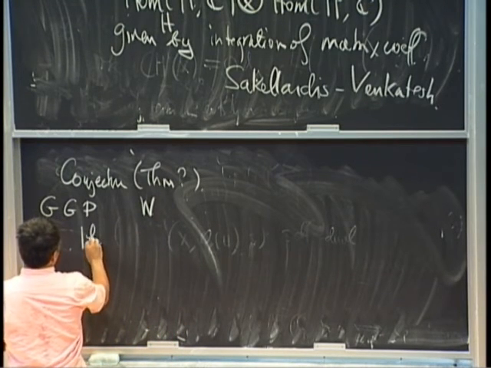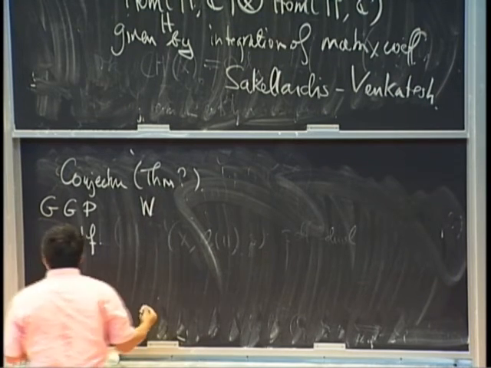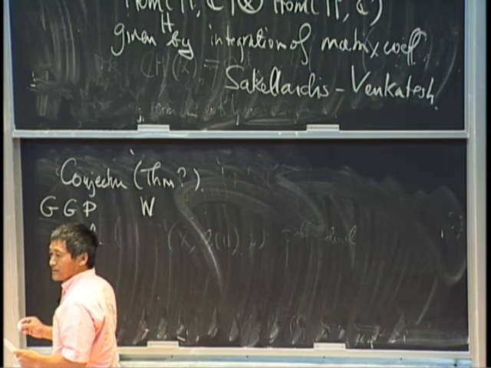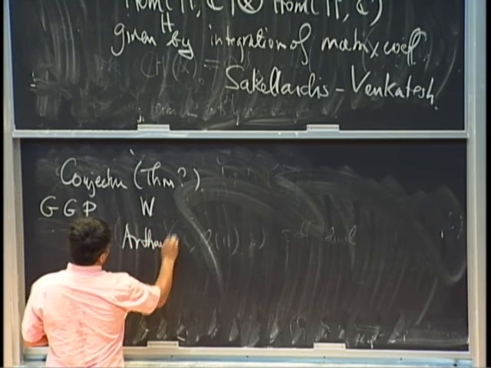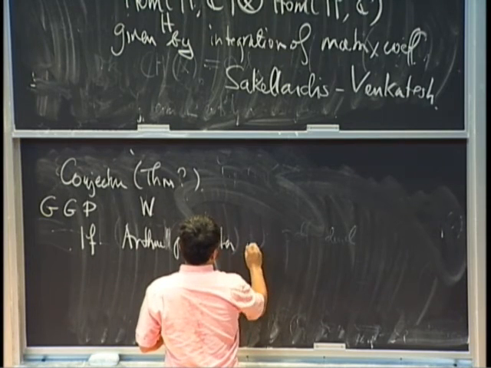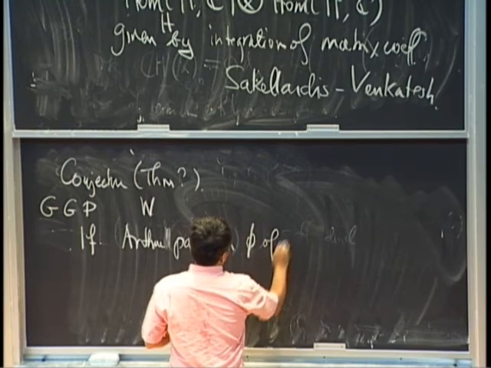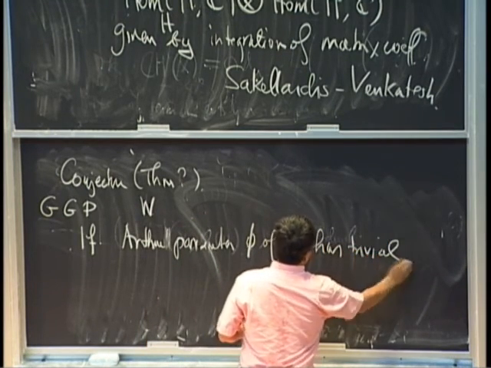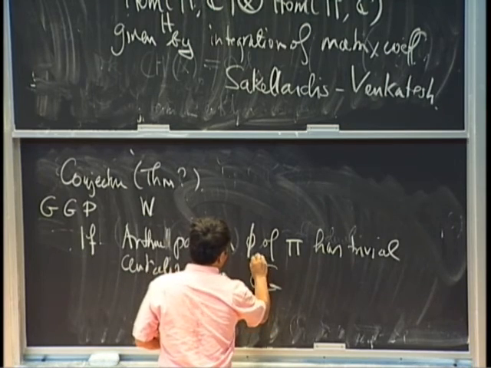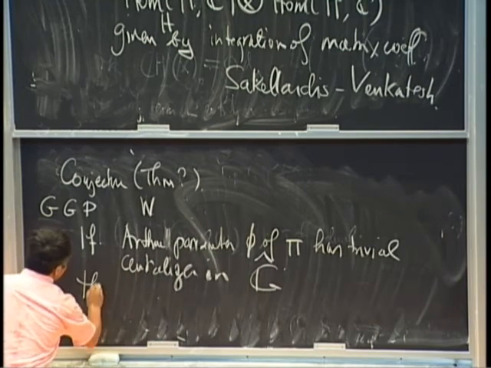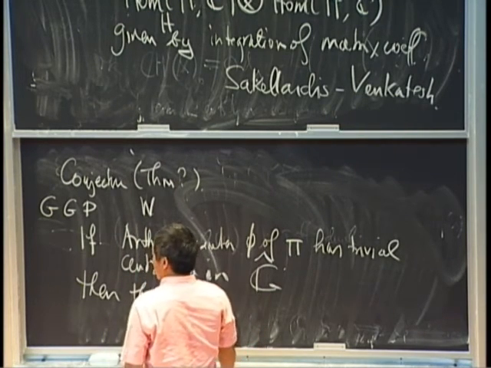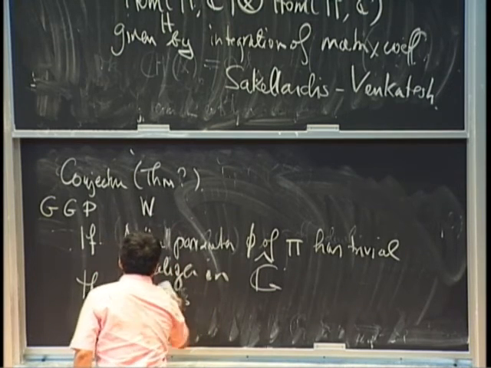So if, let me try to see, in certain situation, if the parameter of this pi is irreducible and the other parameter phi of pi has a trivial centralizer in the dual group, okay, then this Hom is non-trivial, I guess. Then this Hom is non-trivial.